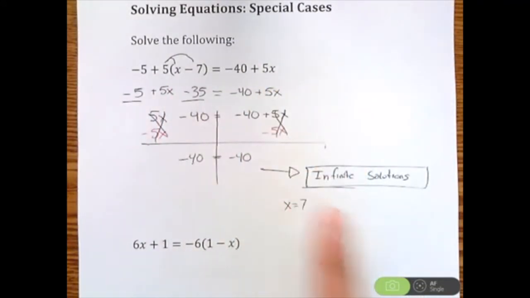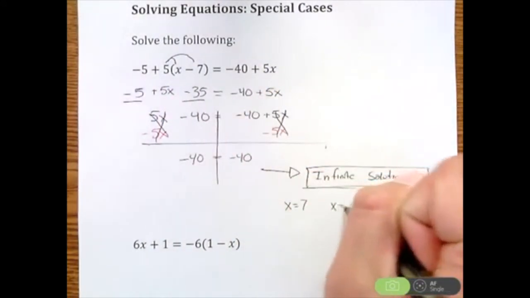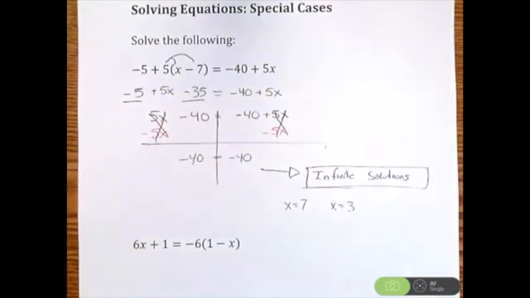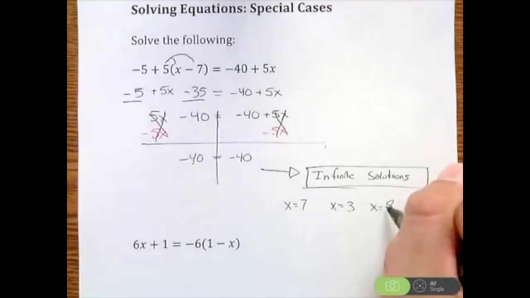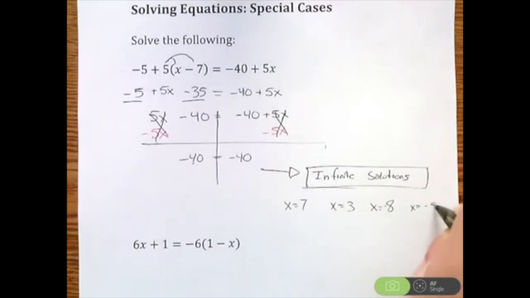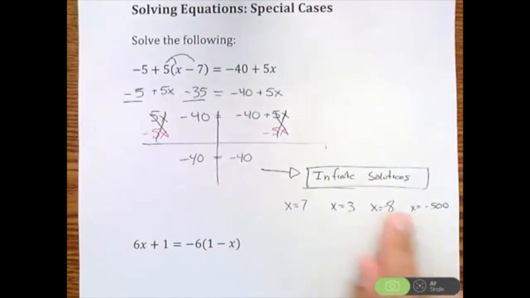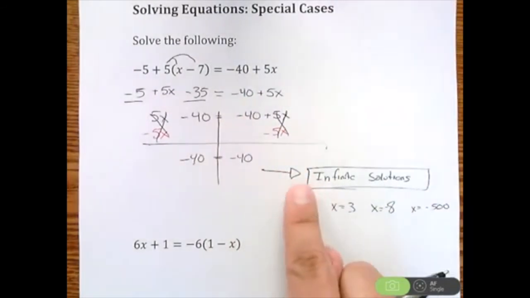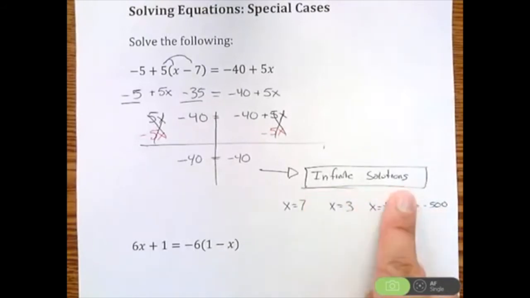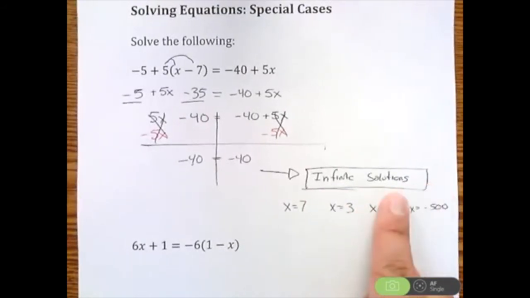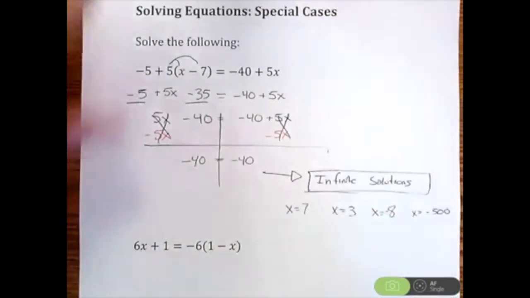If you plug in x equals 3, that's going to work. Any number you can think of, x equals -8, x equals -500, will be a solution. There's an infinite amount of solutions there, so we write infinite solutions. That's one of the special cases we could see.